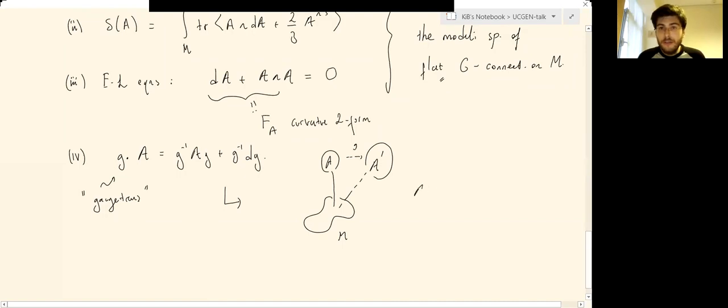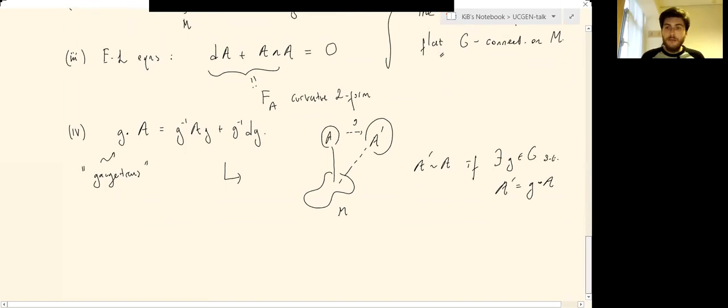Therefore, we say that A prime and A are the same if there exists a gauge transformation g in G such that A prime is A dot g. This is really important later, and we will come back to it. So this is more or less the idea. These are standard examples.